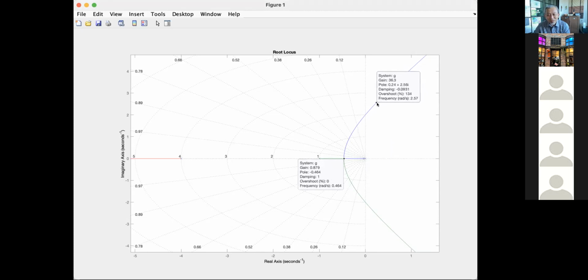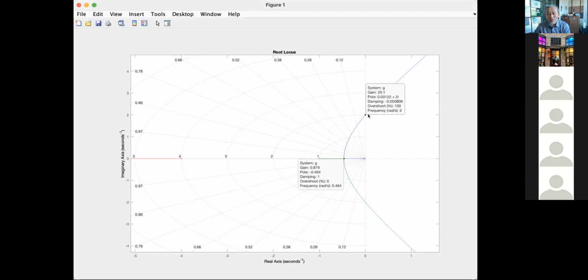Okay, what is the intersection between the root locus and the imaginary axis? Haven't reached. Need to go a bit more. 2.07, one more, the damping is still negative. A few more.